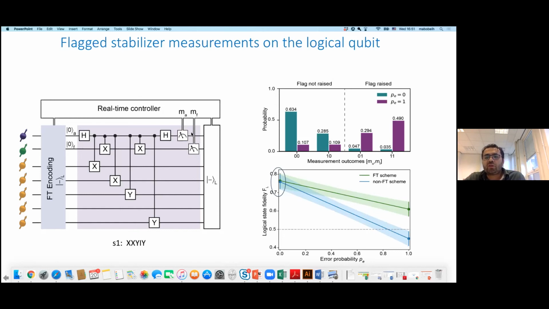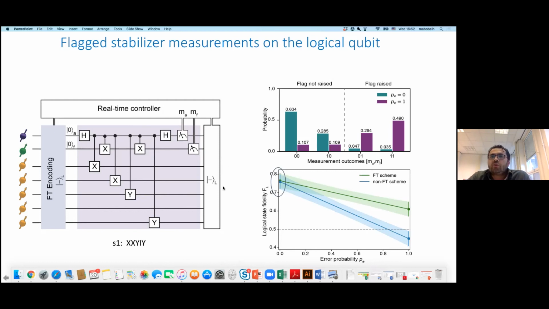Again, we also measure the so-called logical state fidelity, but in this case, it's given by the probability that the logical information can be correctly extracted. So the probability to not have a logical error. This is different when taking into account the flag measurement outcome or not, because the interpretation of the error syndrome changes if the flag is raised or not.